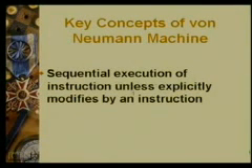Sequential execution of instructions unless explicitly modified by an instruction. What do we mean to say? Instructions are executed sequentially, and transfer of control instructions are the ones which will attempt to modify the sequence of instructions. Very important thing to understand.